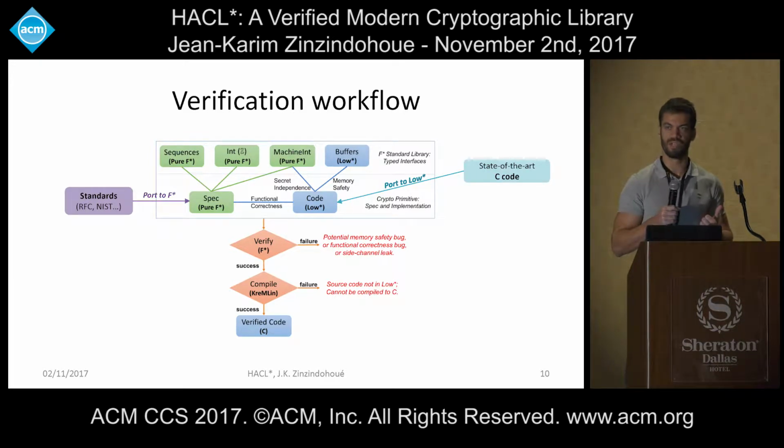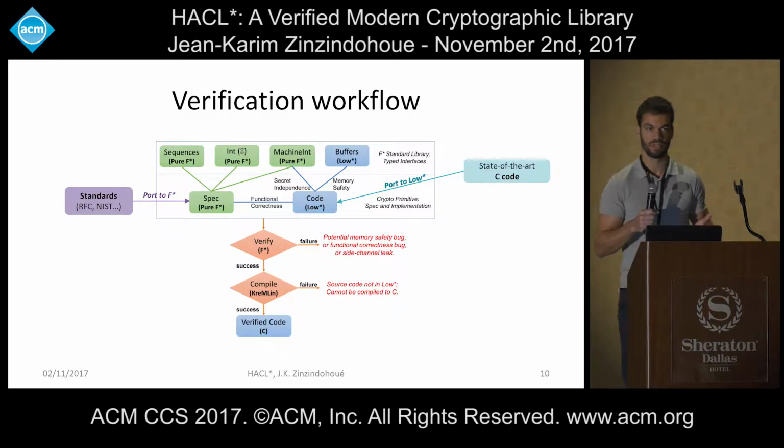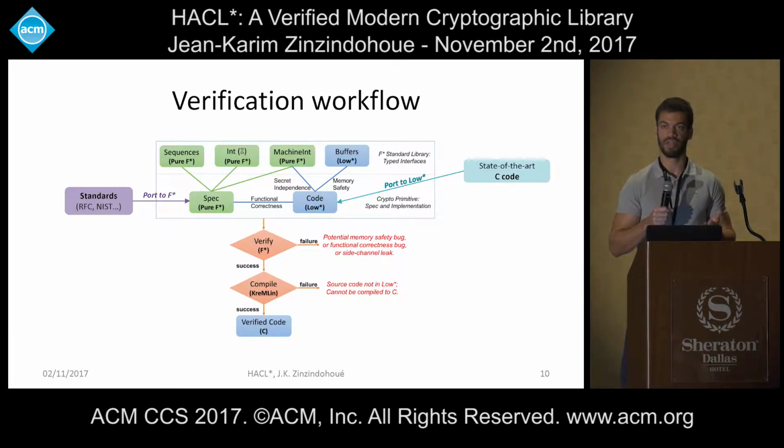We want to prove memory safety, and that leverages this LowStore subset that we talked about. We want to show secret independence. Basically, secret independence is showing that if you take different execution traces of the program, they are indistinguishable from the secret. And functional correctness is basically showing that the LowStore code and the pure F-star specification are matching on all inputs and outputs.